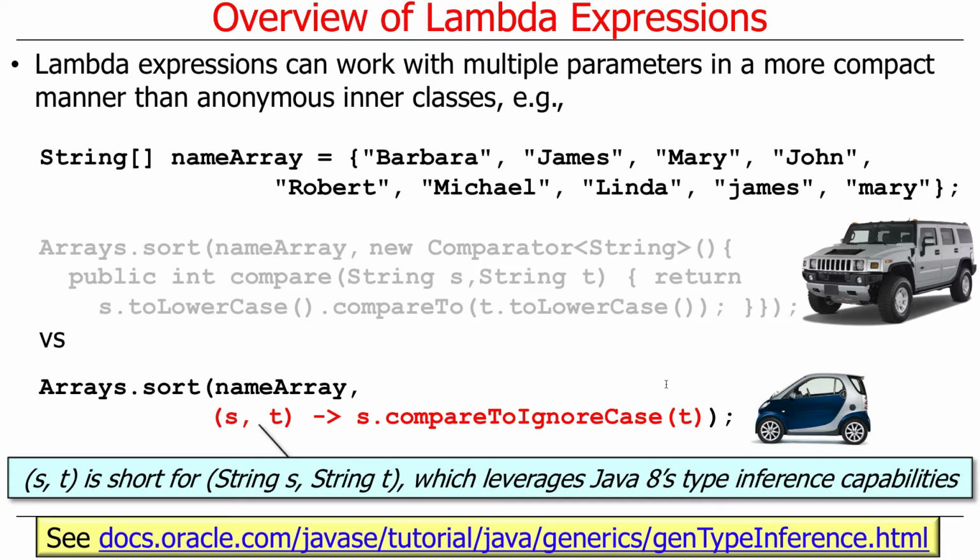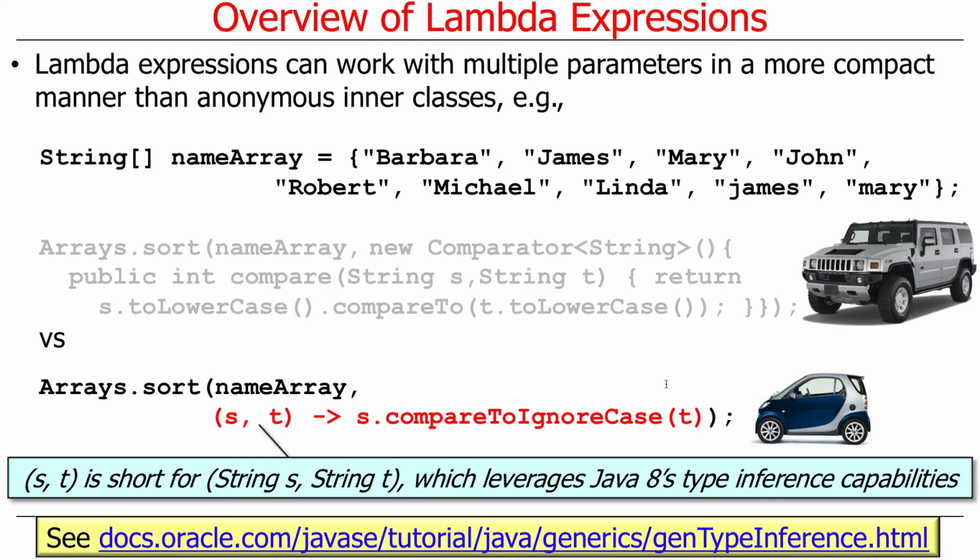So you don't have to write String s, String t. You can leave out the types. That's what's called type inference or type deduction. And the compiler can figure out what types these things are, which is good. And then all we do is we just say, I want the comparison function to be s, parameter 1, dot compareToIgnoreCase t, where t is the second parameter.